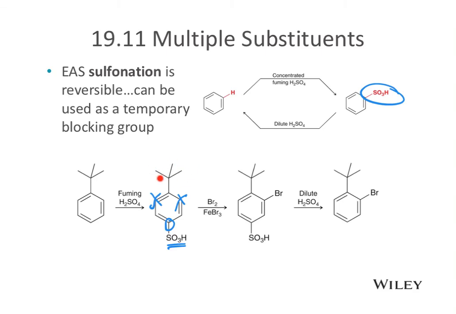So this will want to push ortho, and this will want to push meta. And so what do you get? You get the bromine right where you wanted it. You get it ortho relative to the tertiary butyl group and meta relative to the sulfonate group, which is exactly where you want it. Then you expose this product to dilute H2SO4, the sulfonate group comes off, and you have your target group.